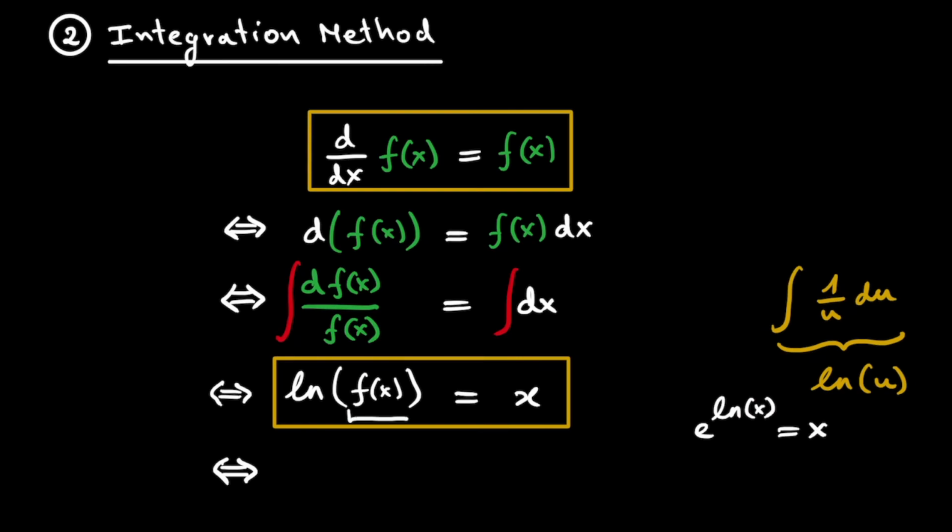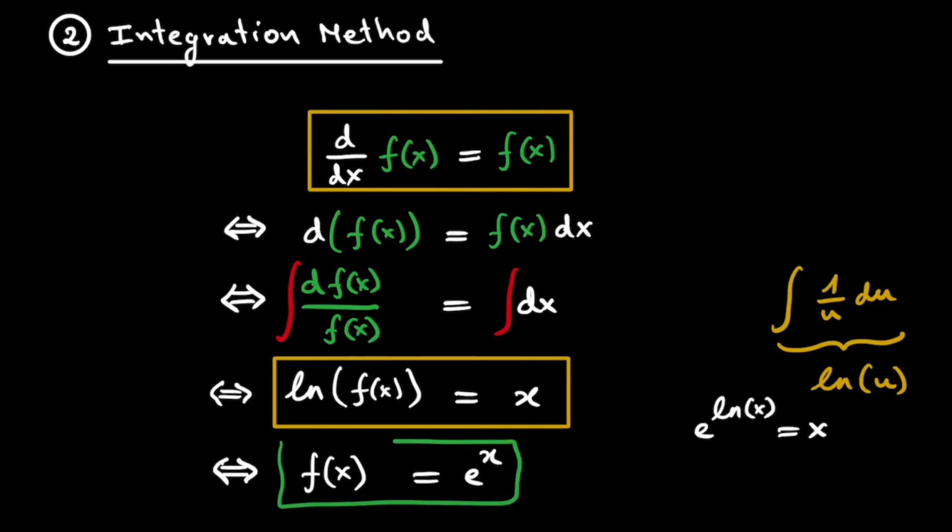In this case, this x will be f of x. So we get that f of x on the left hand side is equal to e to the power of x. And this is exactly the result that we got before by just plugging it in and seeing what we got. And we got this result now by a systematic way, going from a differential equation to an algebraic equation and then solving this algebraic equation.